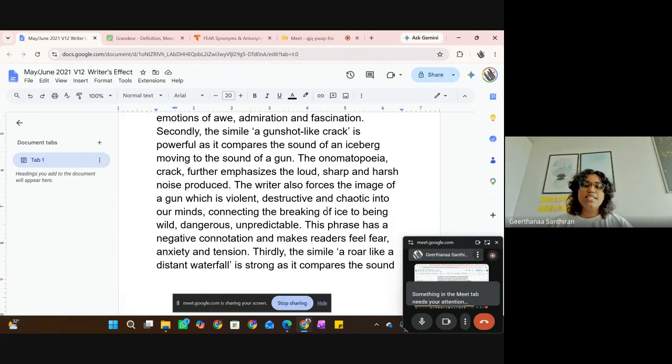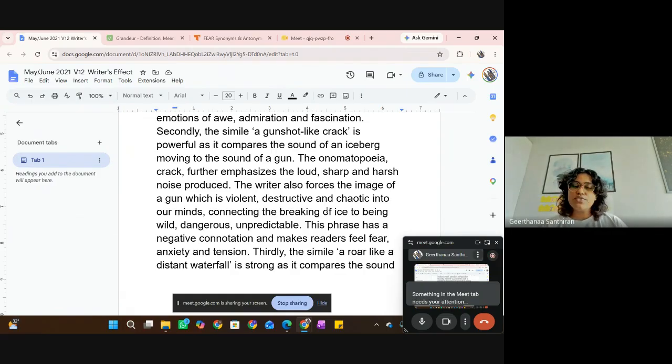Secondly, the simile, a gunshot like crack, is powerful as it compares the sound of an iceberg moving to the sound of a gun. The onomatopoeia crack further emphasizes the loud, sharp, and harsh noise produced.